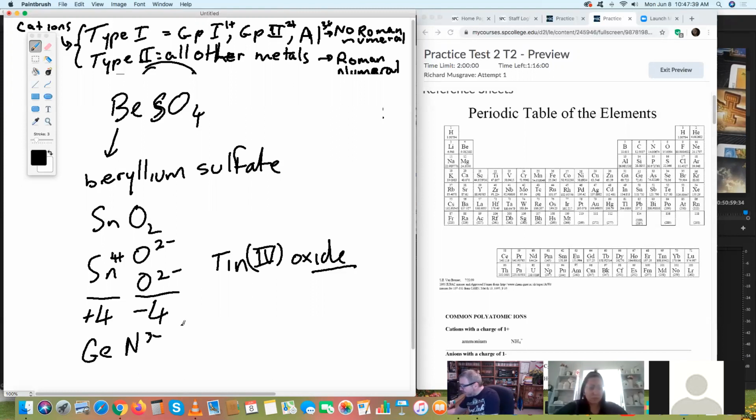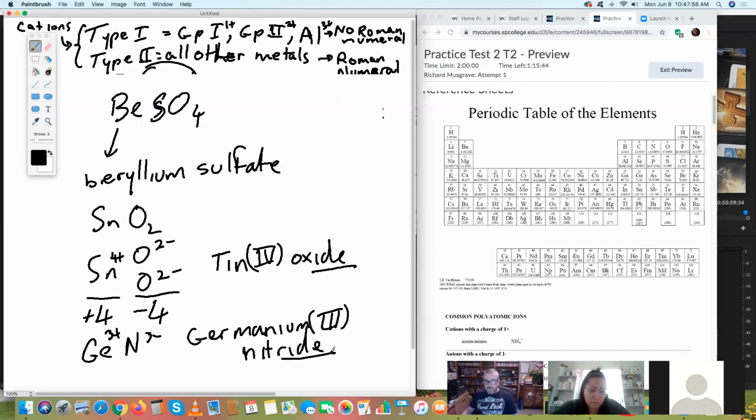N is 3-, so Ge must be 3+, so it'd be germanium(III) nitride.